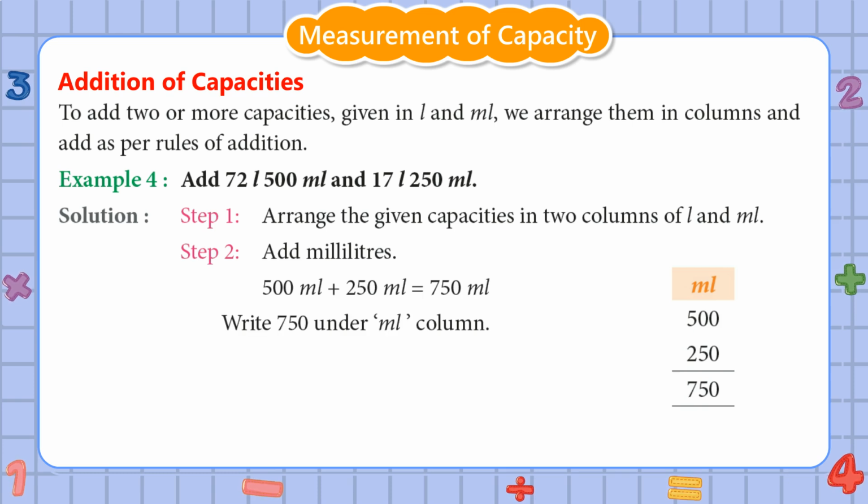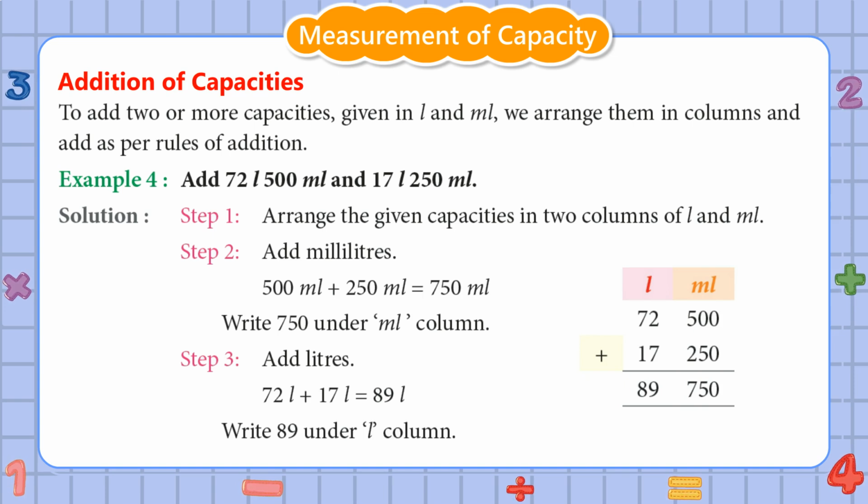Write 750 under milliliter column. Step 3. Add liters. 72 liters plus 17 liters is equal to 89 liters. Write 89 under liter column. Answer. 89 liters 750 milliliters.